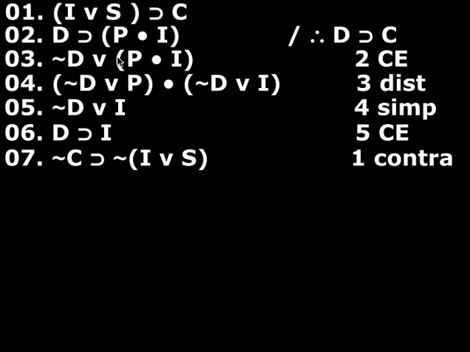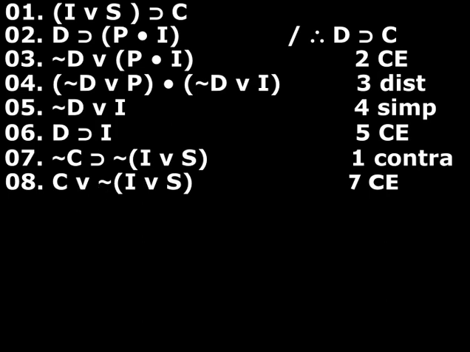But in order to do the distribution, I have to turn this into a disjunction where the second disjunct is a conjunction. Right now this isn't a disjunction, and this component is not a conjunction. It's a negated disjunction. So I'm going to have to do a conditional exchange and De Morgan's. So conditional exchange, horseshoe becomes a wedge, negate the first component.